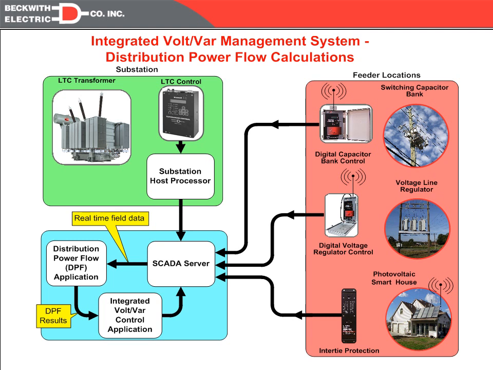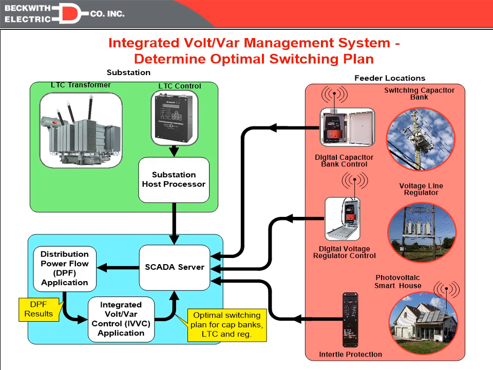They may just go into a tabular or lookup type table to determine the operation. But it's ultimately the goal of the IVVC application software to determine the optimal voltage and VAR flow, and therefore send the correct commands to any given control.